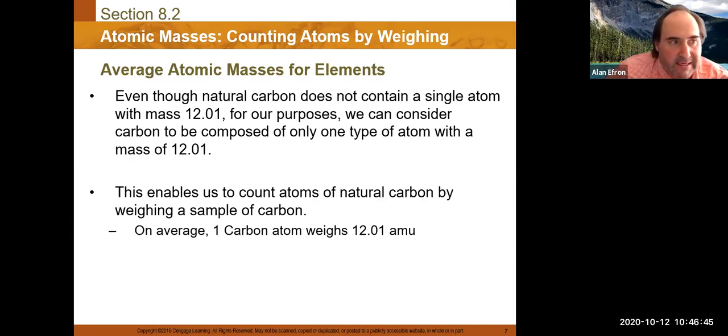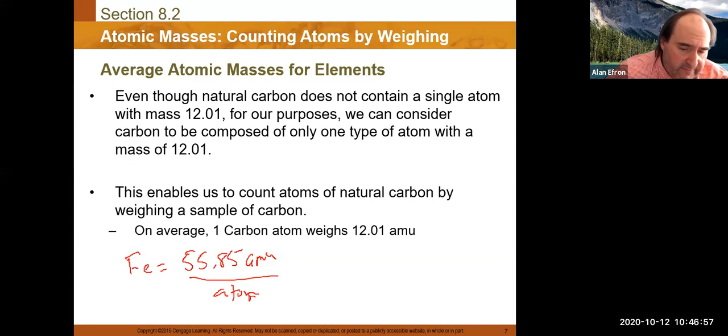You can pretty much take it from anybody that is on the periodic table, and you can take that number on the bottom. Usually we go to about 4 significant figures. And you can do AMU per atom as a conversion factor. So iron, for example, is 55.85.